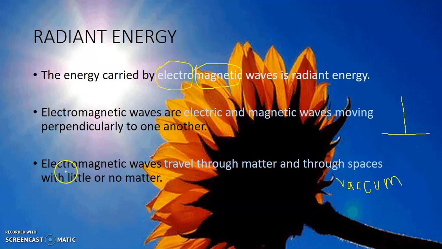In addition, it says that electromagnetic waves travel through matter and through spaces that have little or no matter. There is something that we call vacuum, as in Spanish vacío, and light can travel in a vacuum because it is an electromagnetic wave, which can travel in little or no matter.